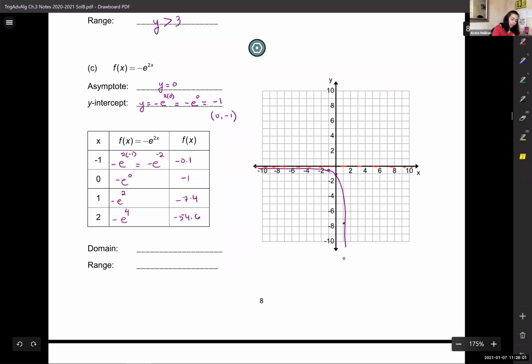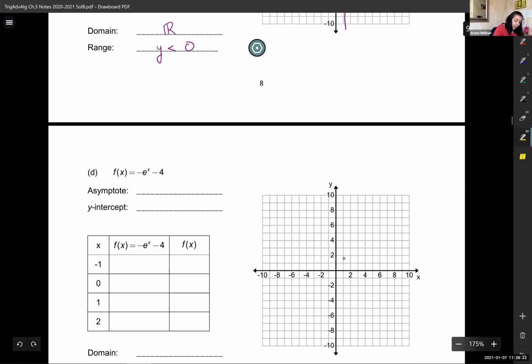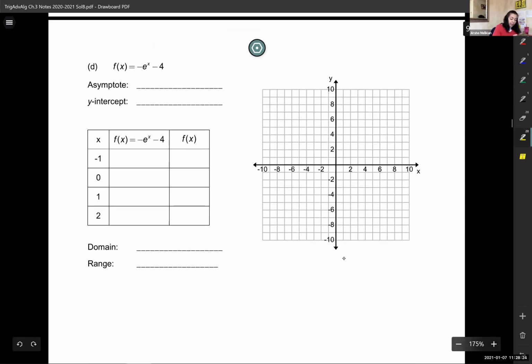Okay. The domain is all real numbers. And the range, right, is y is less than 0. And we could have predicted that it was going to be less than because of that negative all the way in the front of the equation.